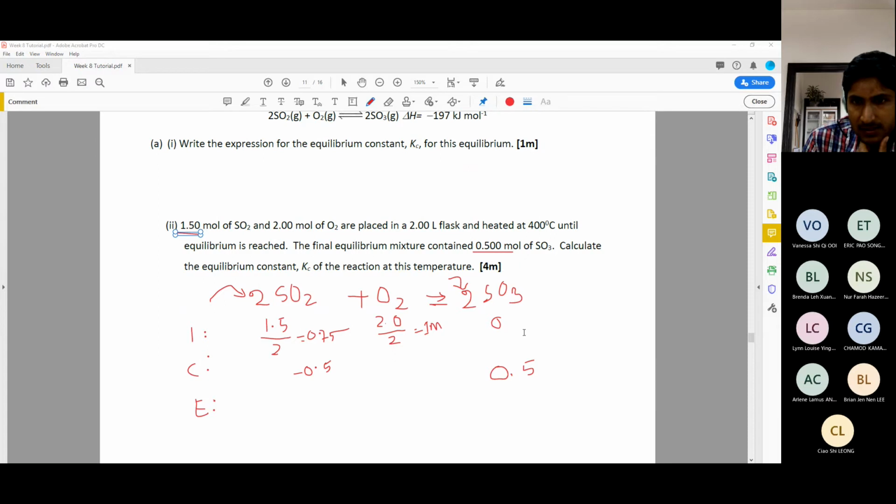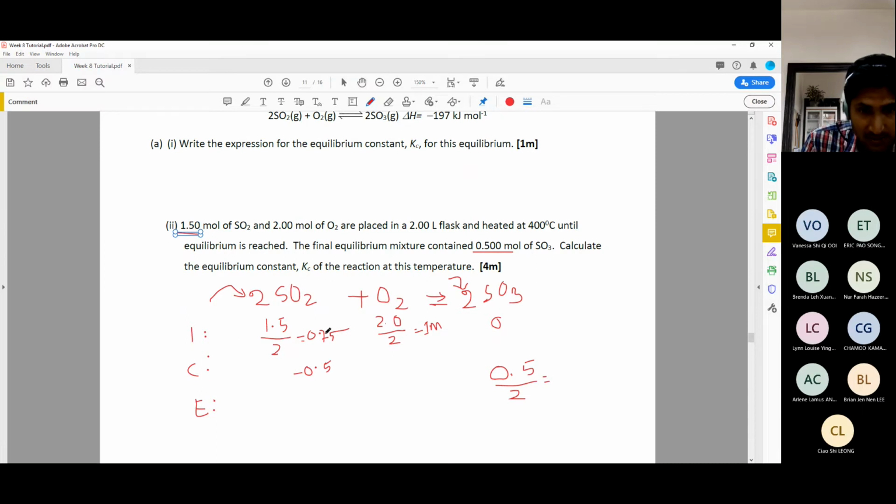0.5 moles of sulfur trioxide is being produced. So 0.5 moles over 2, because we are using concentration.